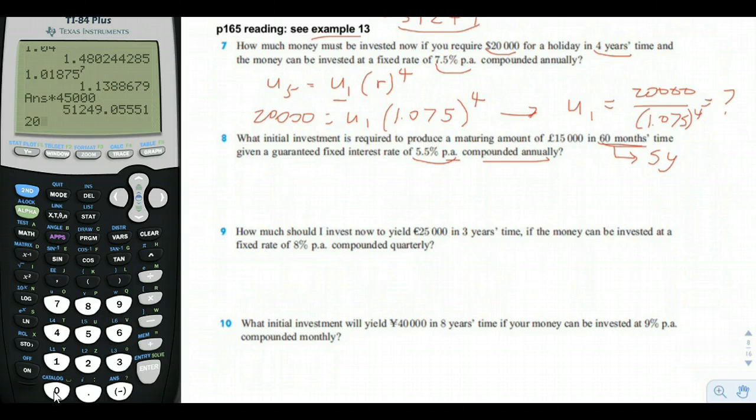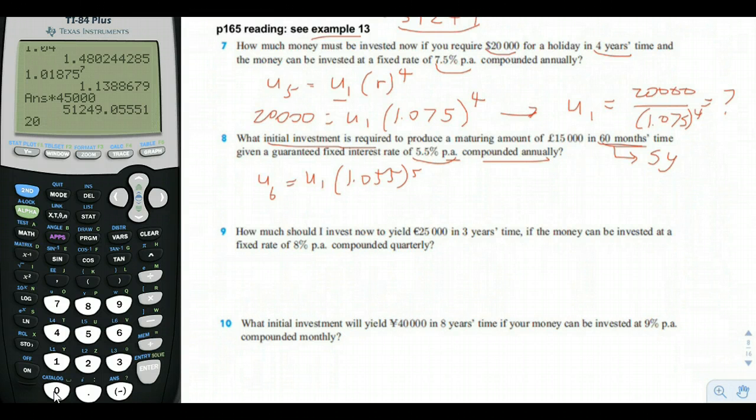So the compounding periods would be 5, and so it would be U6 equals U1 times R, which is 1.055, to the fifth power. Okay, and in this case we do not know U1 because it says what initial investment is required.